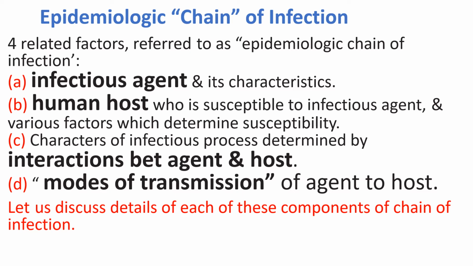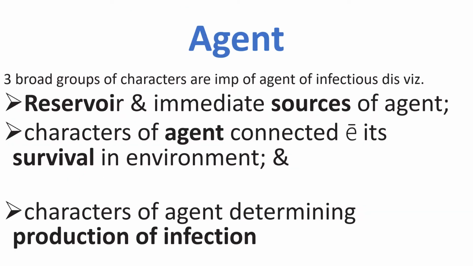We will discuss each of these, but these four factors related to the chain of infection are the agent of infection, the human host, the interaction between agent and host, and modes of transmission.